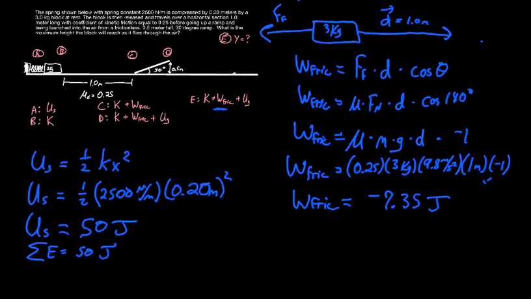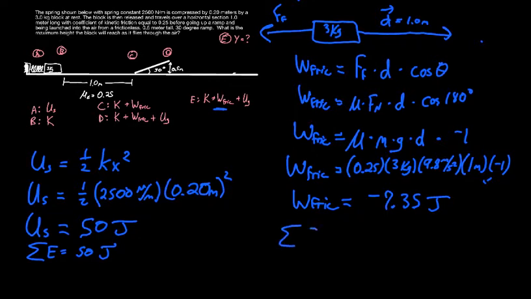Now, we can take that number then and figure out what our new total energy is going to be. We know that work is equal to a change in energy for our system. So we've just had the surface here, that horizontal surface, do negative 7.35 joules worth of work on our system. So that means we've taken away 7.35 joules of energy. So we started with 50 joules, and we've taken away 7.35 joules.